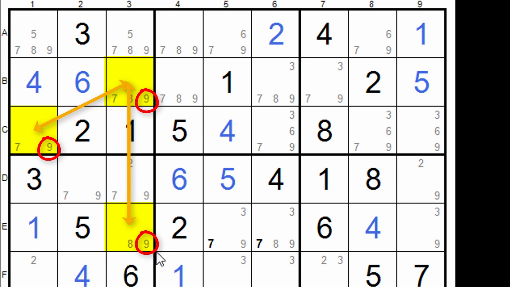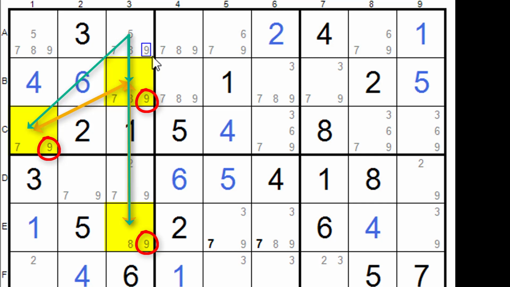So we're looking for some cell that has a 9 in it and can be seen by all three cells. So here's a possibility that has 9. You can see this one, it can see that one, but it can't see that one over there. That can see C1, it can see B3, and it can also see E3. So this is a valid target.